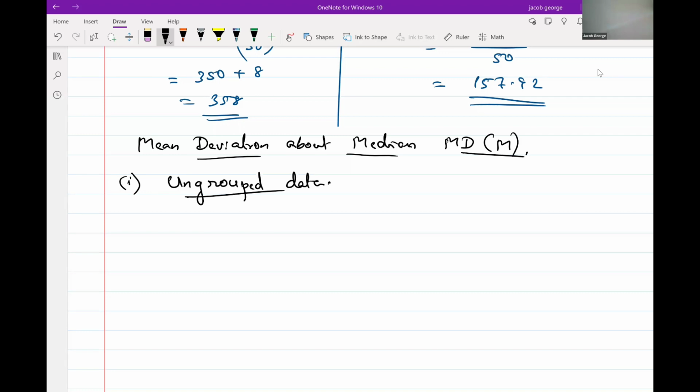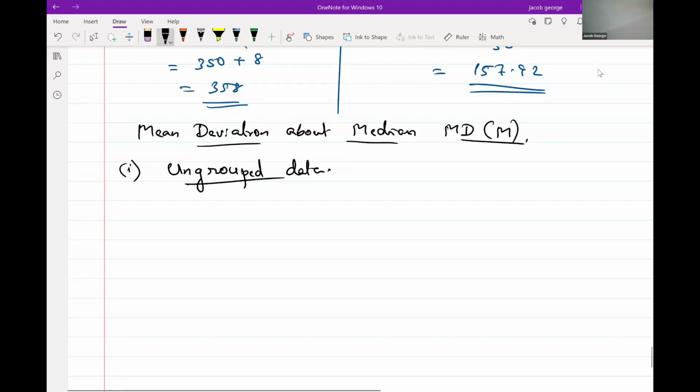N by 2th and n by 2 plus 1th term. Then we find the mean of these two, means add them and divide by 2. So that way we get the median. For example, last sum, it was a number of terms even. We could see two middle terms when we were calculating A, right? The same way in median also. So this is the working rule.